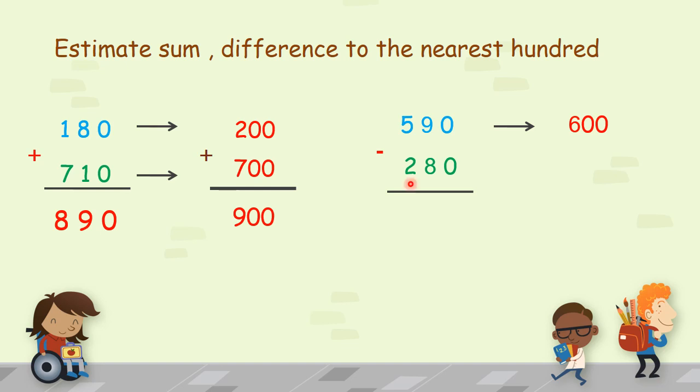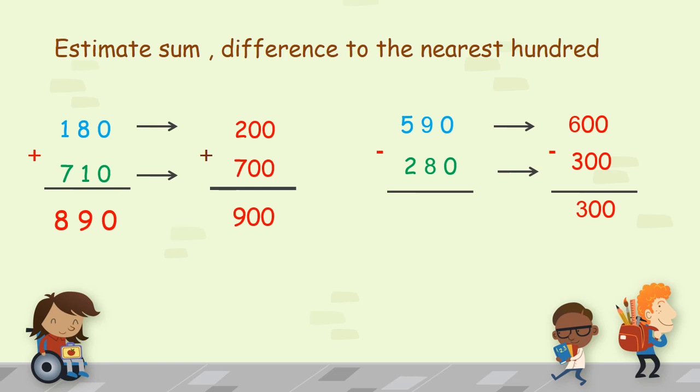Now here, are we going to round up or down? We're going to round up because this tens is 8. So it becomes 300, and we're going to subtract. What will we have? 600 minus 300, so 6 take away 3, we will have 300 left.